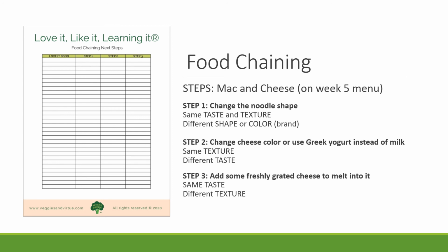But you can see with this, as you link more and more links in the chain, you might be able to food chain towards a family meal where you make a one pot noodle dish where they're able to tolerate lots of different proteins or veggies or cheese and different elements all in one, because you are willing to alter and adjust that initial starting place and use all the links on the chain to get to that end goal of maybe a more nutritionally well balanced pasta dish that would have some of the resemblance to a mac and cheese with grated cheese that has a little bit more texture to it than the one they're used to.